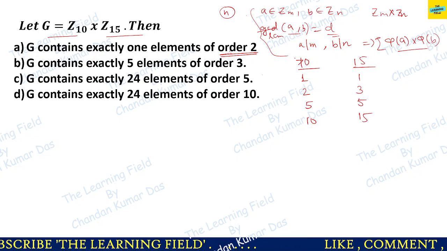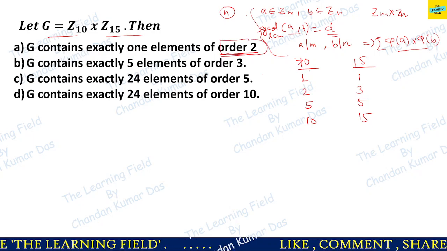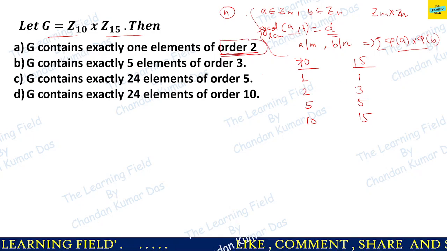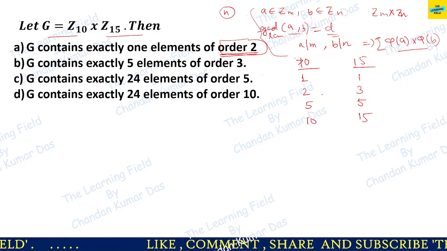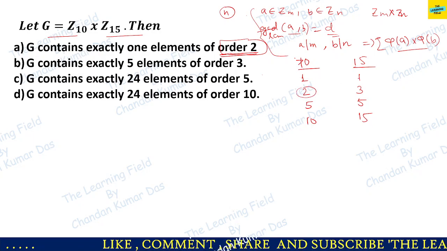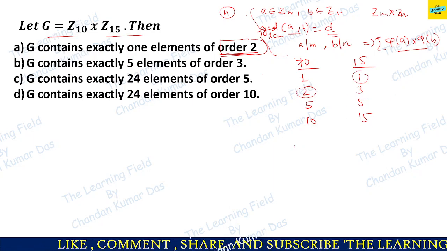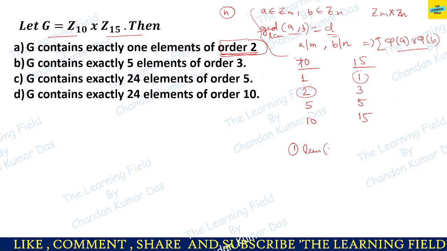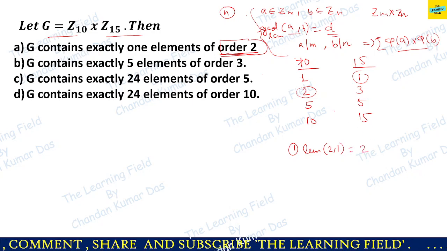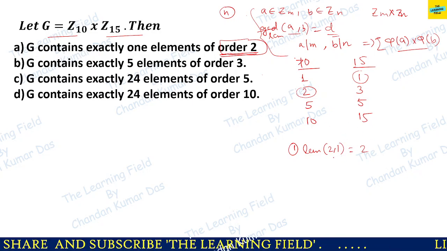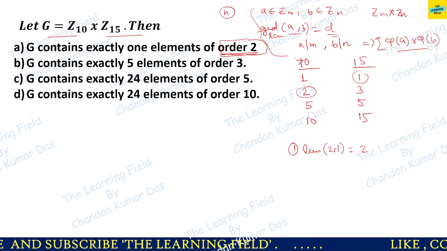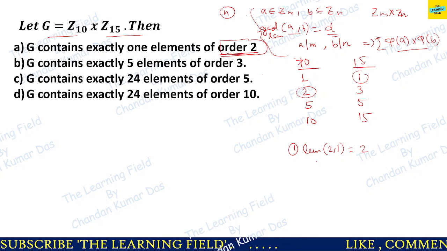Now we have to find order 2, therefore we choose 2 numbers such that the LCM of those numbers is 2. The only option is to take 2 here and 1 here, since the LCM of 2 and 1 is 2. There does not exist any other a and b such that the LCM of a and b is equal to 2.